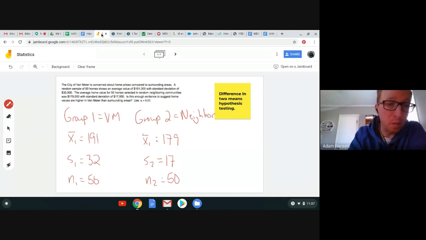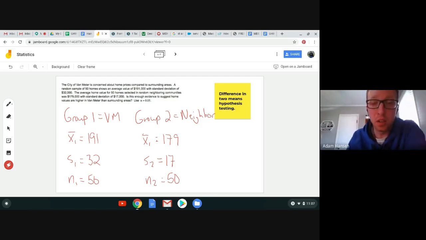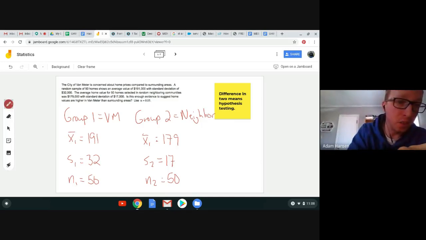So it says we have a random sample of homes. We have 50 homes in Van Meter and 50 homes in the surrounding neighboring communities. I think that represents less than 10% of all homes in Van Meter and the surrounding communities. And we have 50 of each, so that would be enough for an independent sample. So I'm going to go ahead and write that conditions are satisfied.